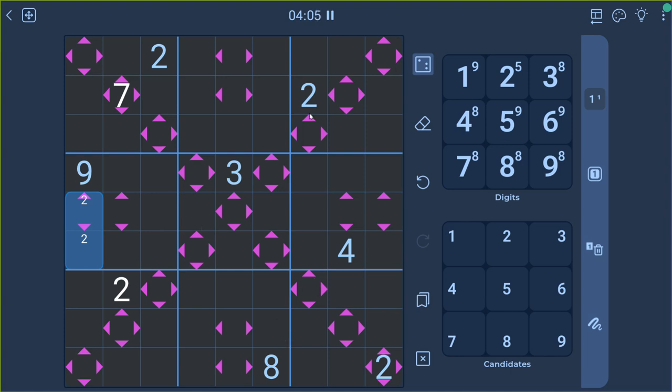What else can we see then? So these 2s have got to be in this row in box 2. One of these.